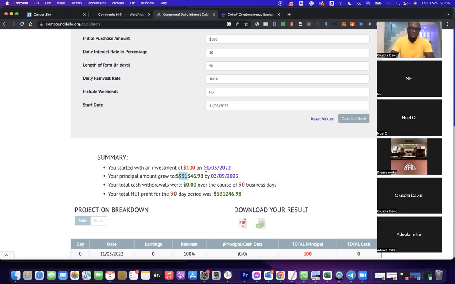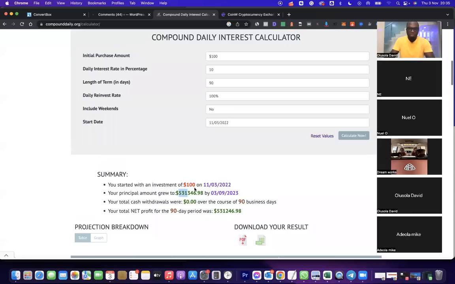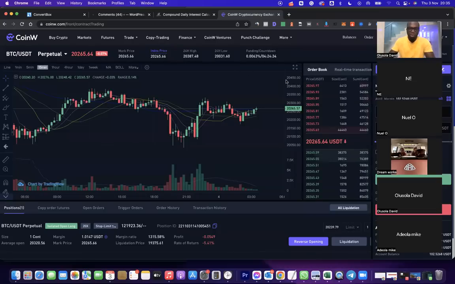Don't worry, I'm going to reverse engineer everything for us. Based on this profit, what they are using is the whole of the $100. So normally when we are trading on Coinw, what we usually do is we use the signal that is placed in the Telegram group.